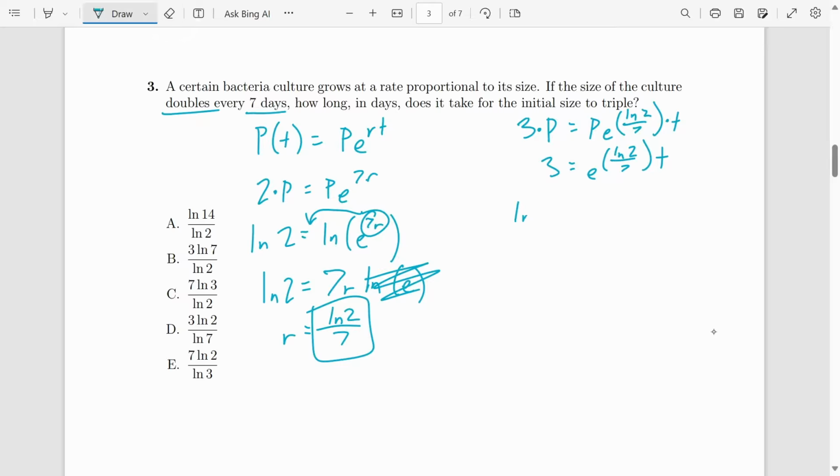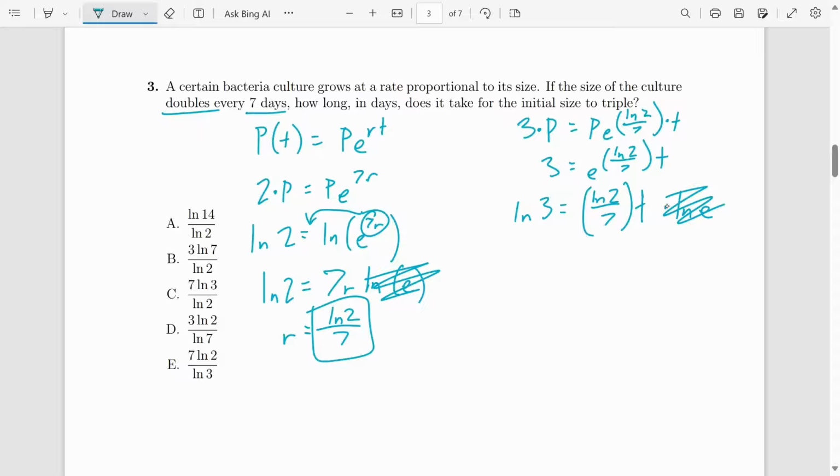This will be ln of 3 equals ln of 2 all over 7 times t times ln of e. Ln of e, again, is just 1, so we can forget about it. It's so hard trying to not make your t's look like pluses, but that's a t.